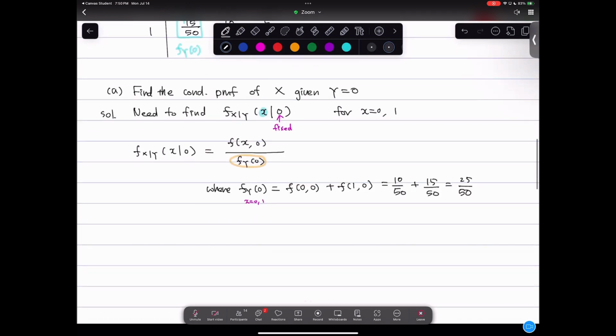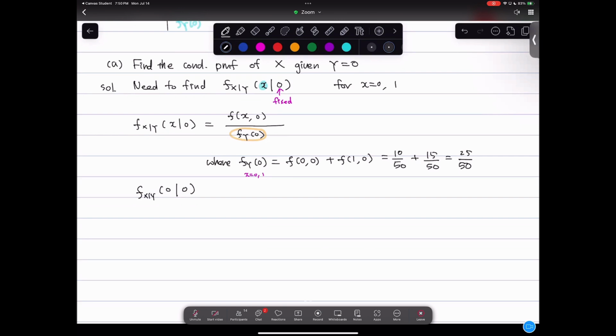I know what this is. So let me go get these individual values. Now I want f of x given y, x value of 0 given 0, and I want f of x given y, 1 given 0.